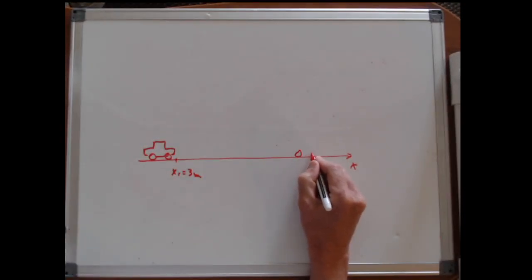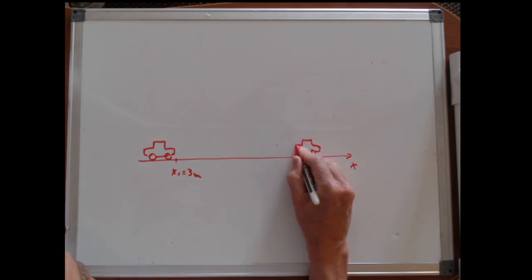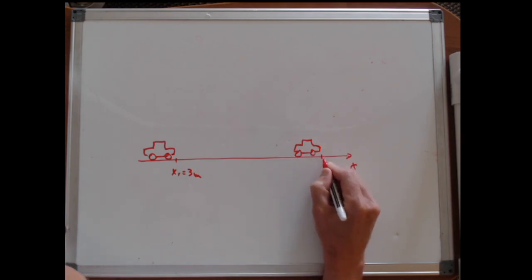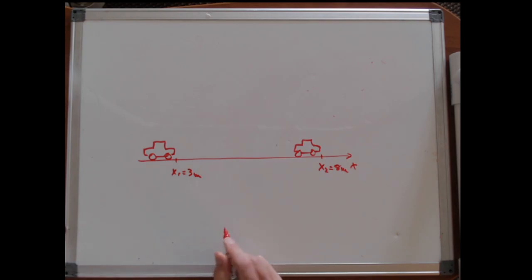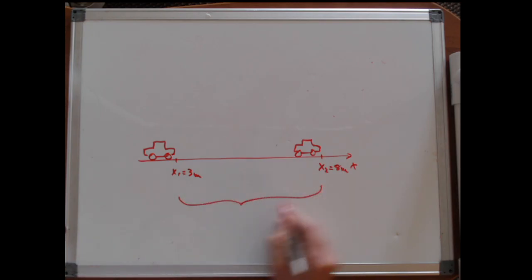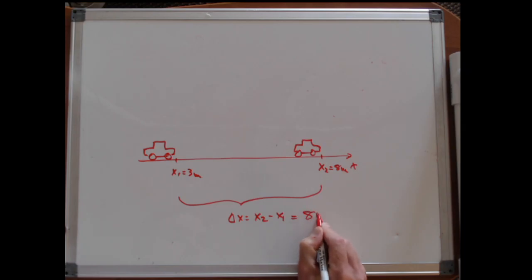Later on, it's at position x2, which is 8 meters. And so if we want to know its change in position, delta x is x2 minus x1, which is 8 meters minus 3 meters, or 5 meters.